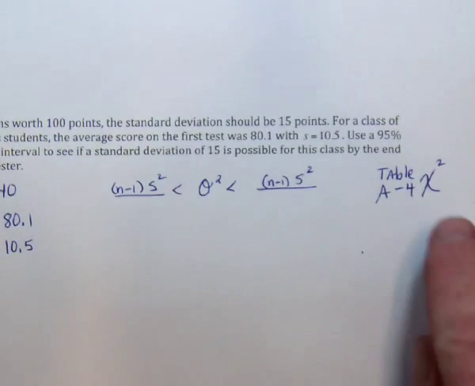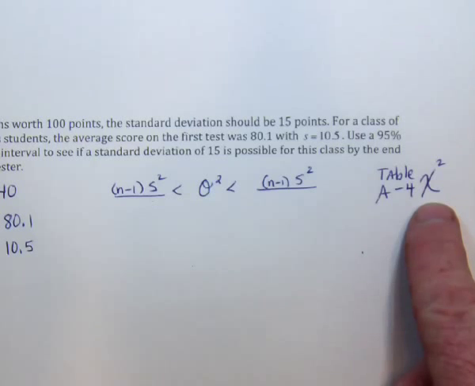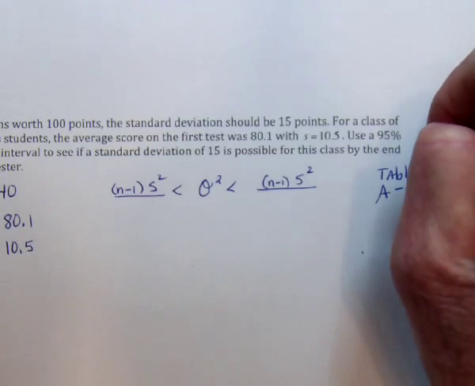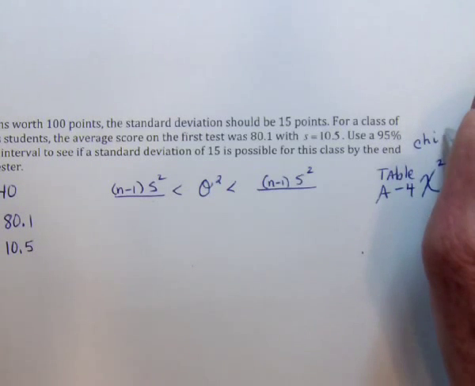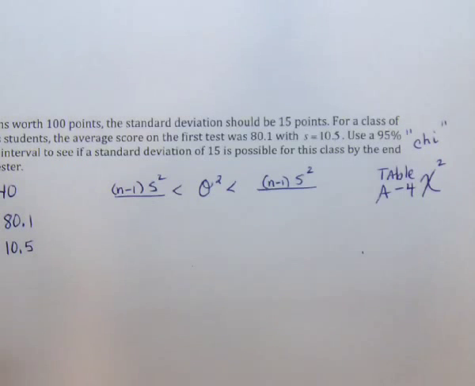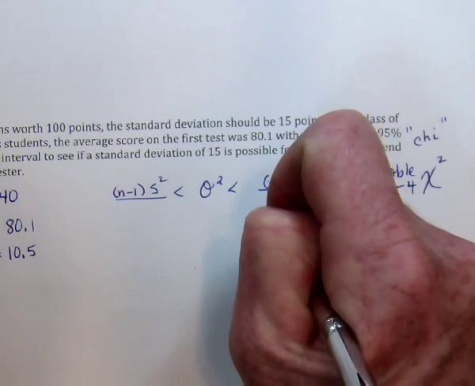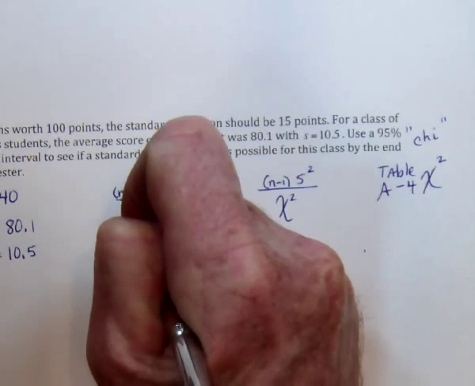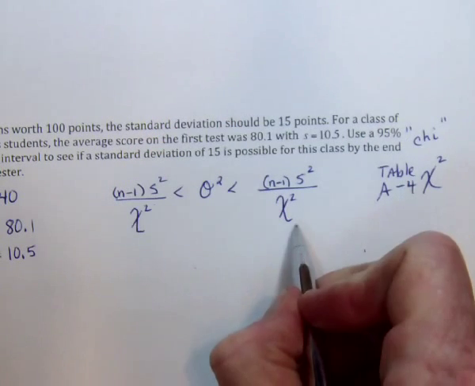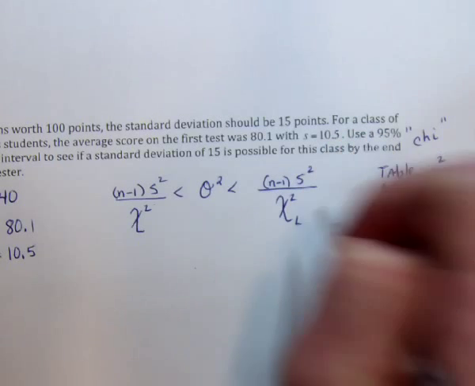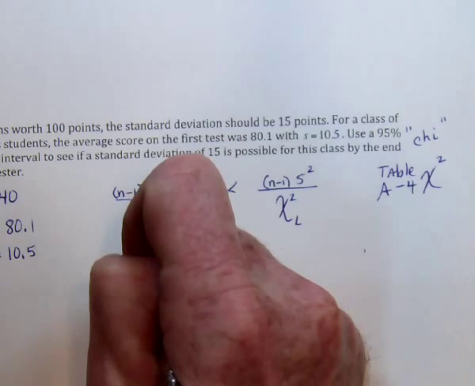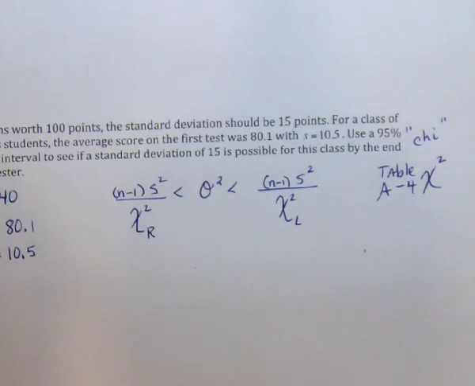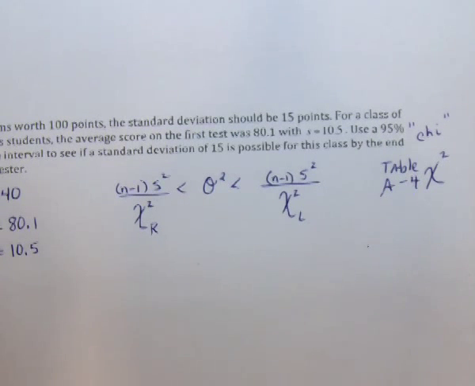So it's like a big fancy swirly X, but it's called chi-squared. And there is a chi-squared right and a chi-squared left. On the right side, we divide by chi-squared left. On the left side, we divide by chi-squared right. I'll explain why when we get the actual numbers.